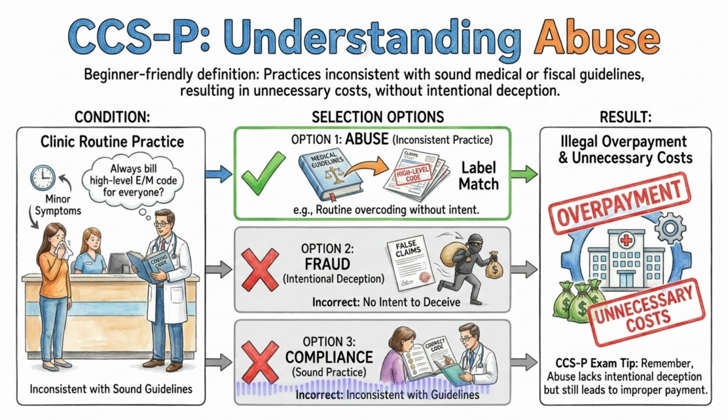An example of abuse is a clinic that routinely bills a high-level evaluation and management code for every single patient, regardless of how minor their symptoms are. While the clinic might not be doing this maliciously to steal money, their poor business practice still results in an illegal overpayment.